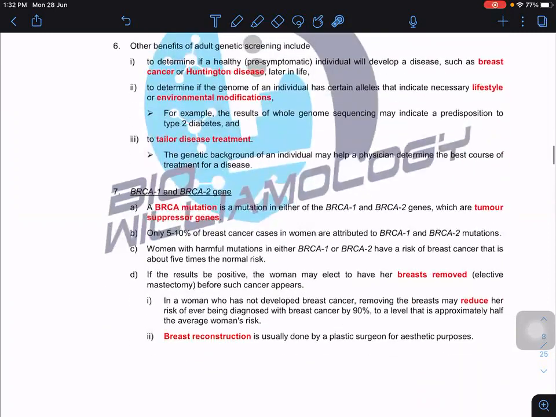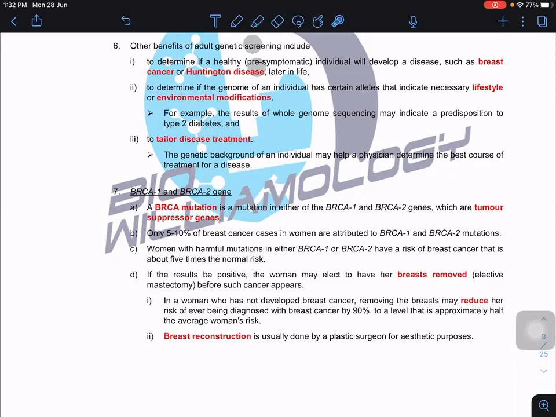So other benefits, okay, what are the other benefits of adult genetic screening? It includes determining if a healthy individual will develop disease, for example, breast cancer or Huntington disease later in life. So basically we won't know whether we are going to develop it or not. For example, BRCA1 and BRCA2 genes, I will explain later. Okay, to determine if the genome of an individual has certain alleles that indicate the need for lifestyle or environmental modification.